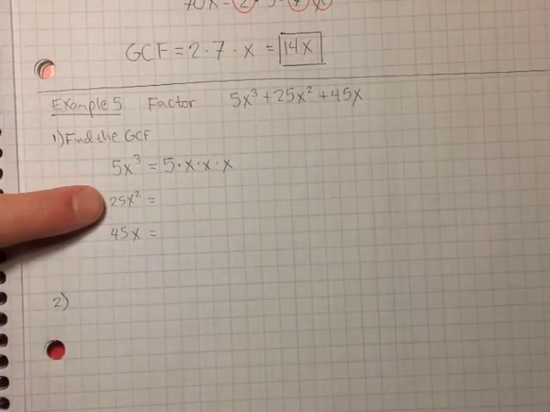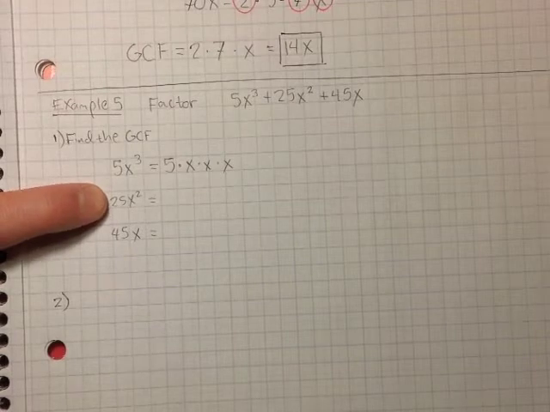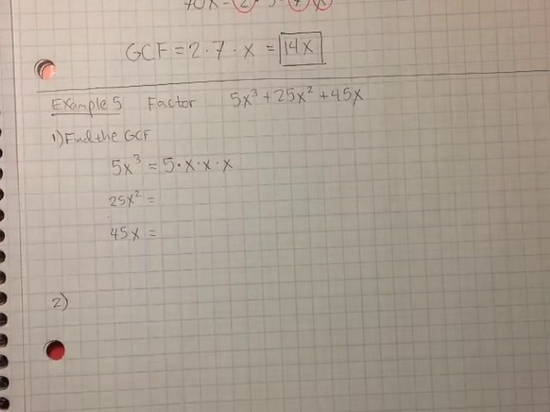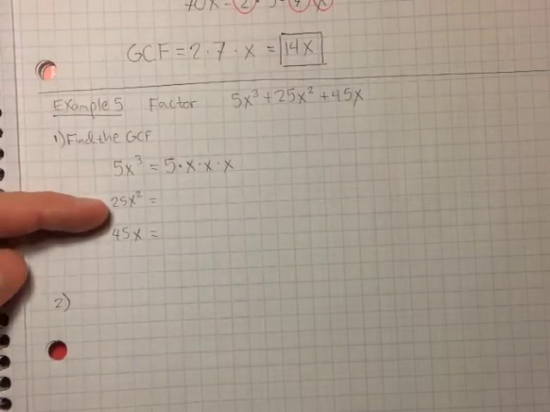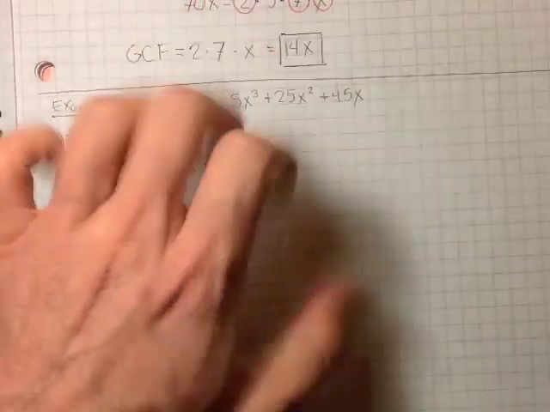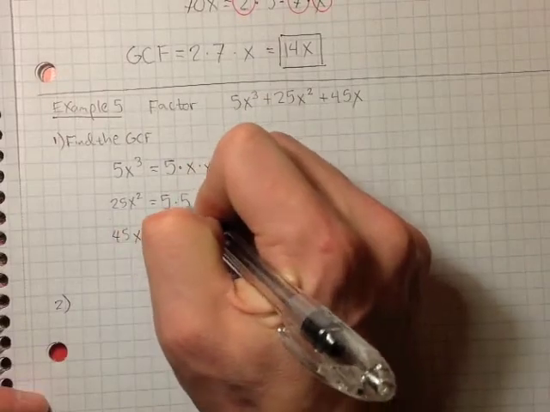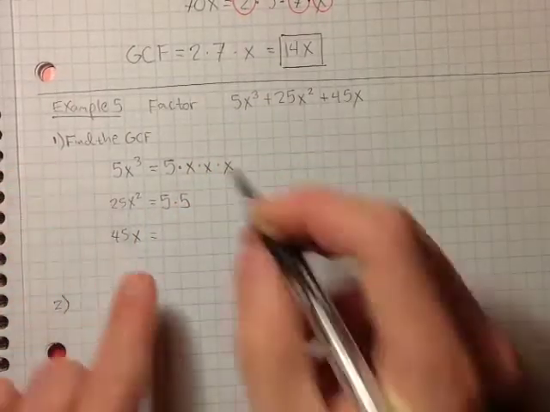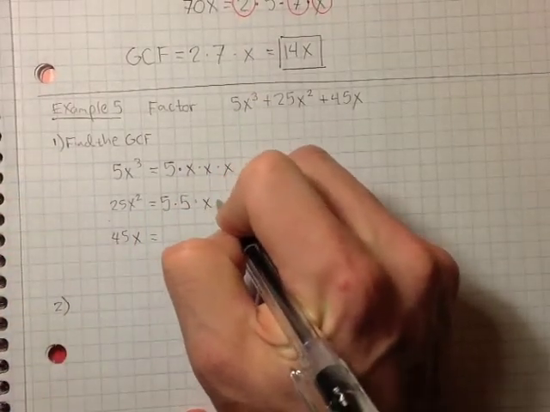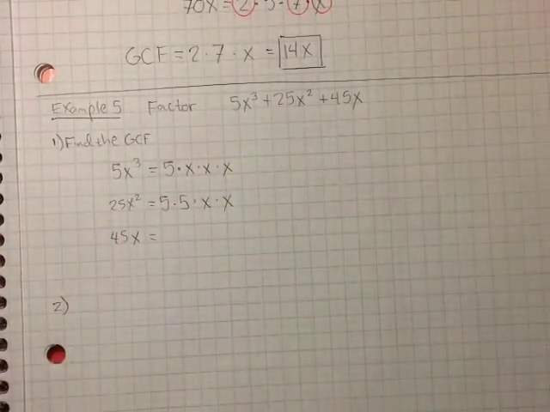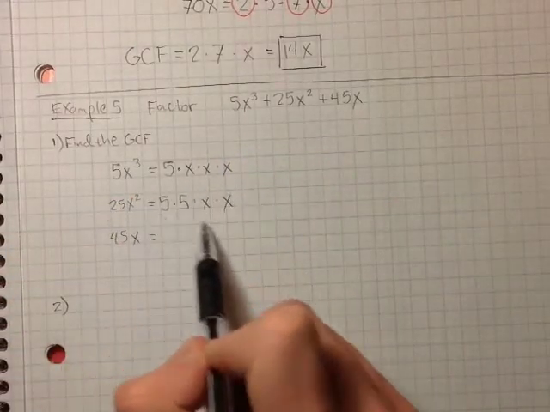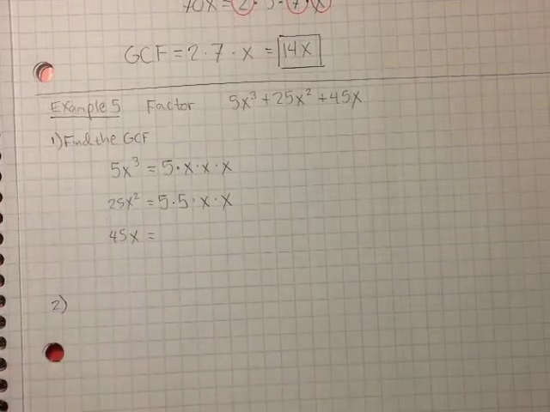Can you find the prime factors of 25 in your head? I hope that you recognize that the prime factors of 25 are 5 and 5, right? 5 times 5 will give the 25. And then x times x will give the x squared. So that's the simplest way to write the factors of 25x squared.